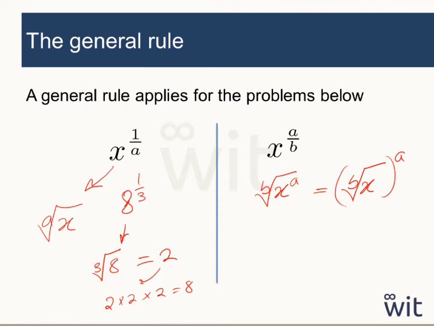I hope that's clear. So if you have 8 raised to the power 2 over 3, that will be equal to the cube root of 8 raised to the power 2. The cube root of 8 is 2, and 2 raised to the power 2 is 4. That's an example.